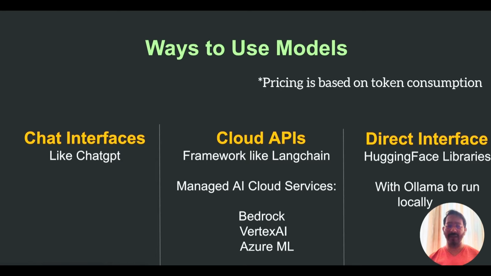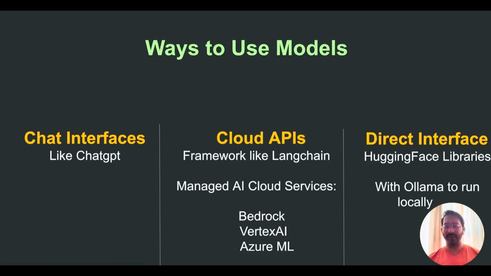Maybe I'll show you sometime later how the pricing of the model comes in, but it is pay as you go, and depending on what work we are doing and which model we are using, it will charge. If we are using the best model, we'll be charged something different, and if we are using a smaller model, less. So depending on what work we do, the choice of model also depends.